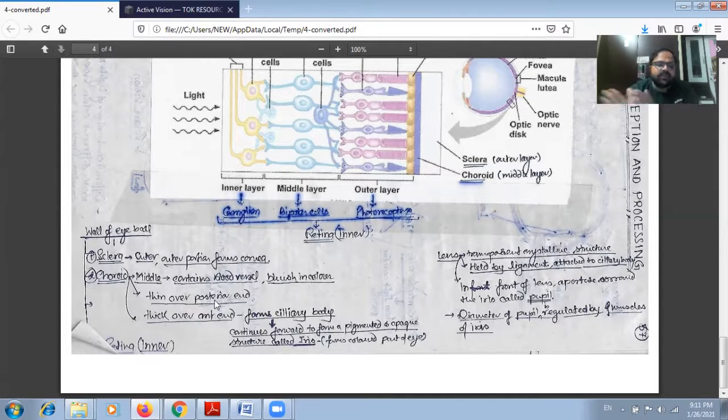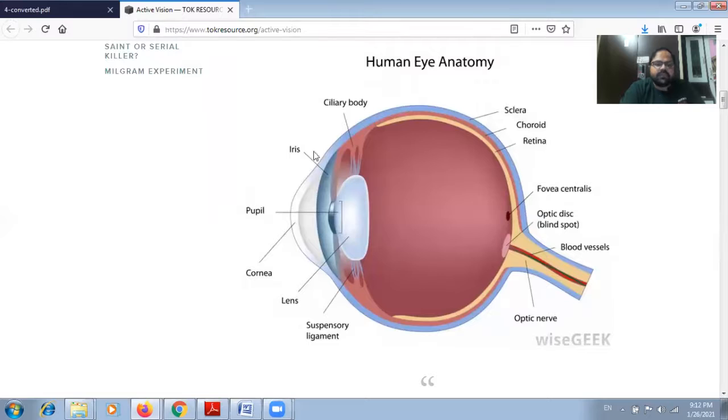So what happens at the posterior end? It will be thin, and on the anterior end it will be thick. And at the anterior end, when it becomes thick, it forms the ciliary body. So we can see here that there is the ciliary body in this structure. This choroid is making the ciliary body, so it is now becoming thick.